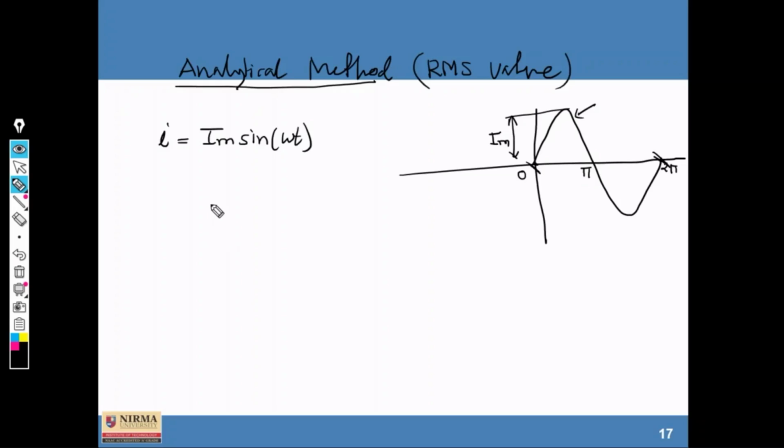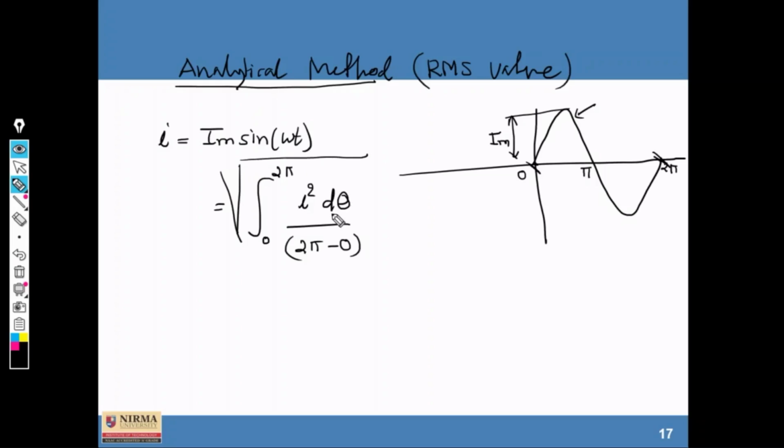Fine. So here we can integrate the value from 0 to 2 pi of i square d theta upon 2 pi minus 0, and we take the square root. So this is the square, mean and root, I mean, we can say it is the RMS value, root mean square value.